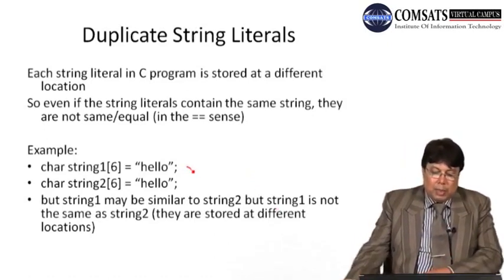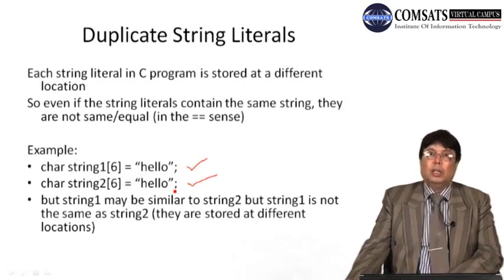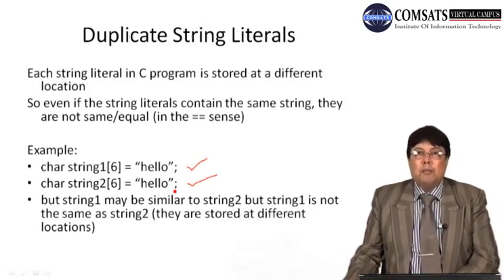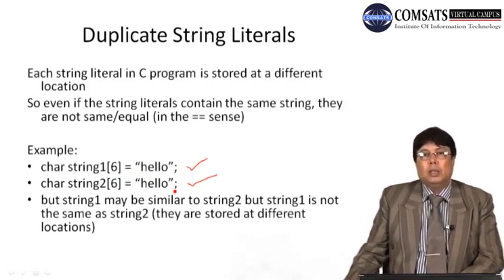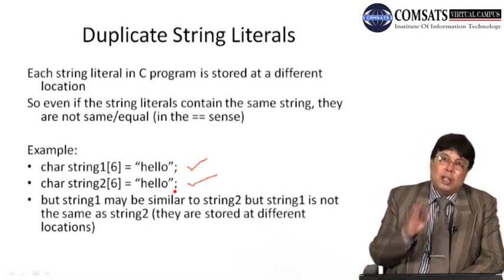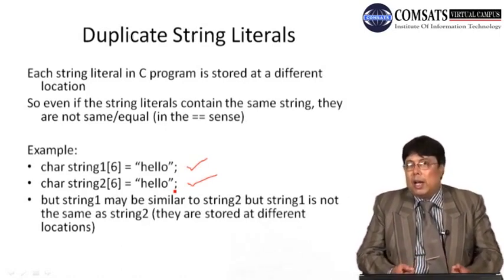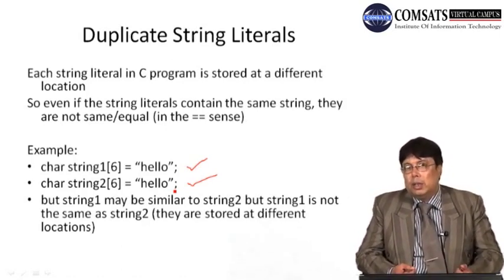In this particular example में देखते, string 1 is hello, string 2 is also hello. Are they equal? They are same, but they may not be equal. क्यों? Because they are stored in different memory locations. तो equal उस sense में नहीं कह सकते हम कि both are equal.